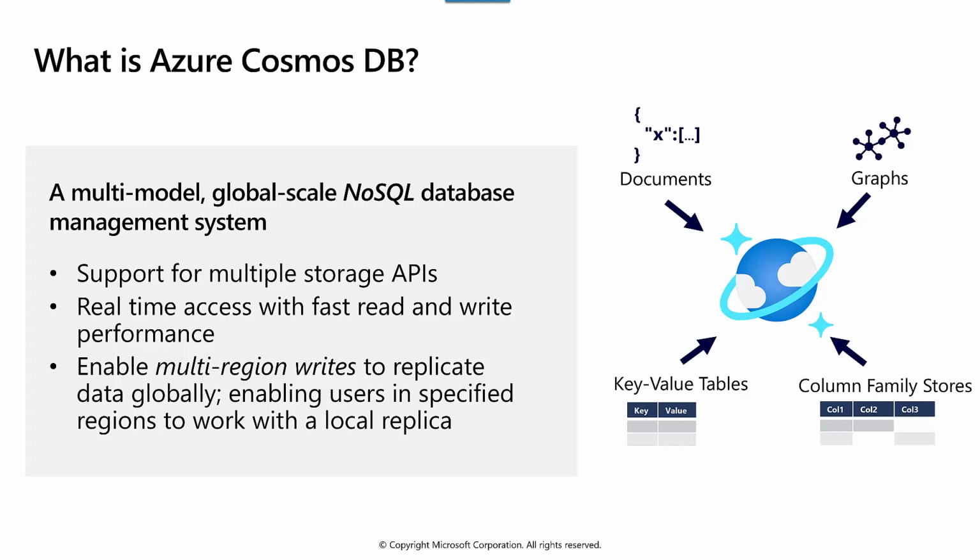If your application is deployed in a specific region, you can enable multi-region write, and have that application write to a copy of Cosmos DB in that region, and behind the scenes it will automatically replicate. It has a very sophisticated replication mechanism to take care of those kinds of things.